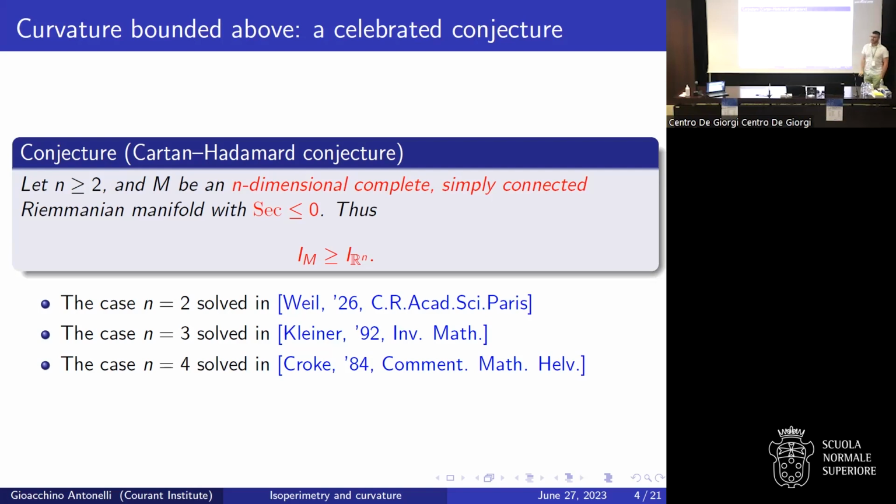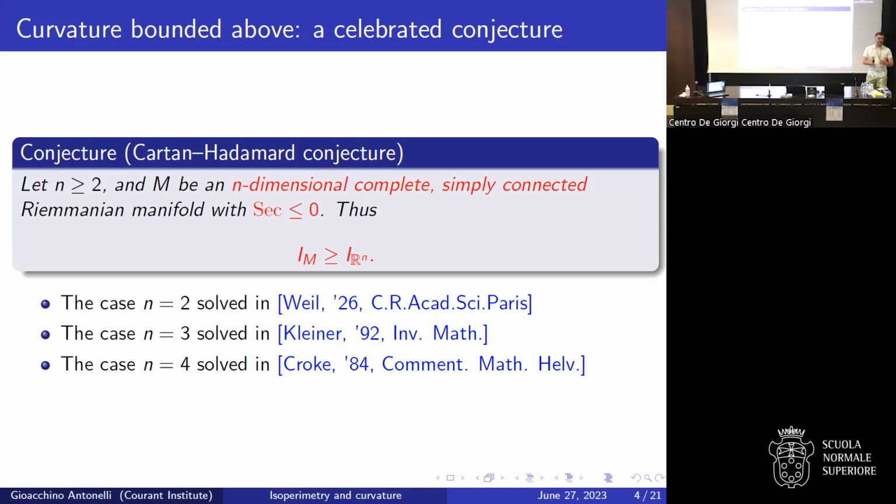If you have an n-dimensional complete and simply connected Riemannian manifold with non-positive sectional curvature, it's conjectured that you have this sharp isoperimetric inequality, so the isoperimetric profile is bounded below by the one of Euclidean space, with exponent 1 over n. This conjecture has been proved only in three cases: in the '20s in dimension 2, in '92 by Kleiner in dimension 3, and in dimension 4 by Croke in '84, okay?